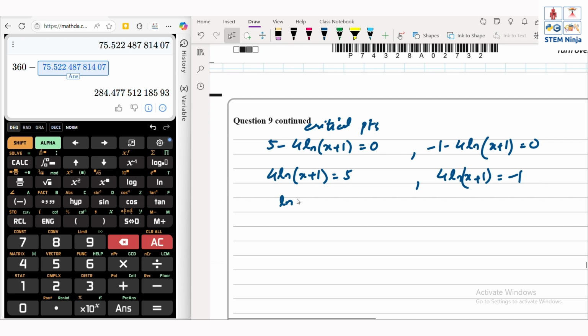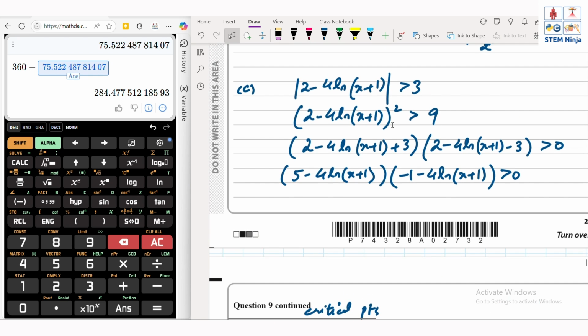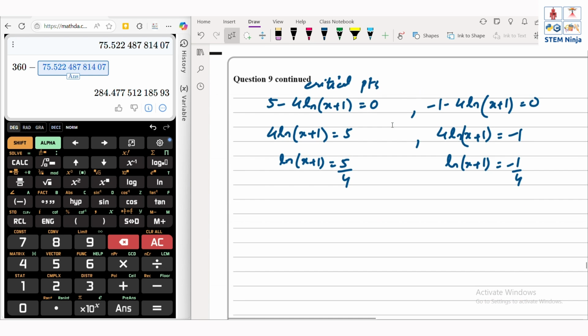So ln(x + 1) is either 5 over 4, or ln(x + 1) is minus 1 over 4. So this is not possible. ln terms can't be negative. Sorry, the argument can't be negative. This can be negative. Sorry, my bad.